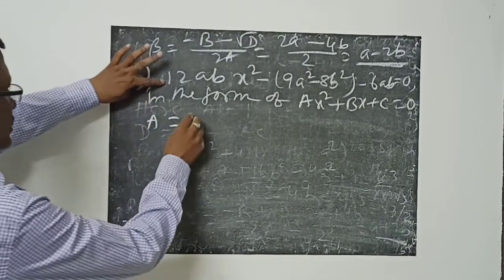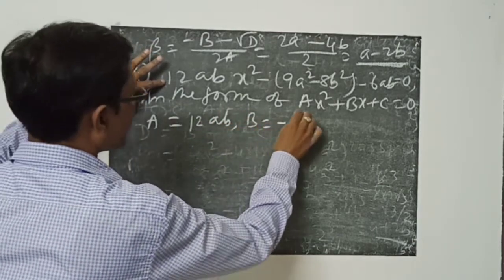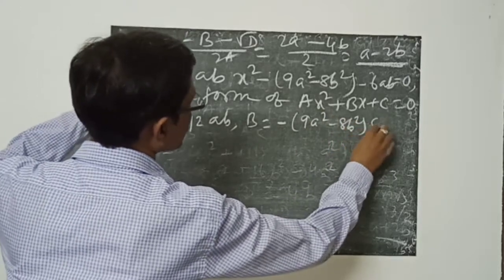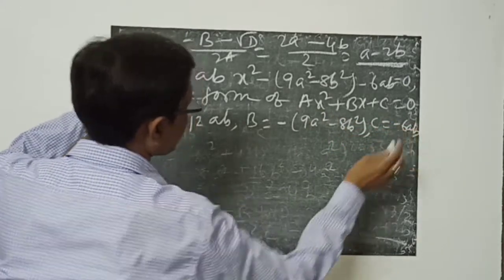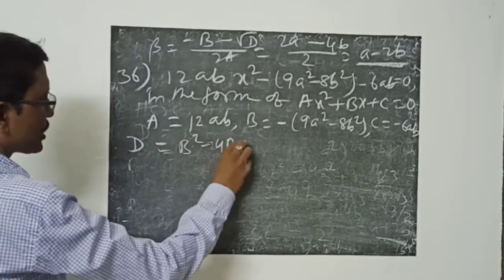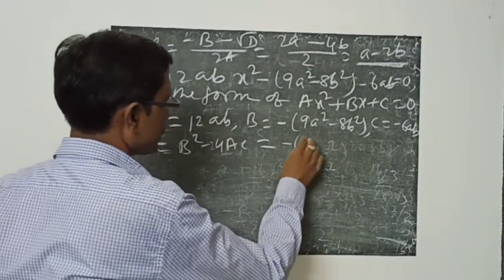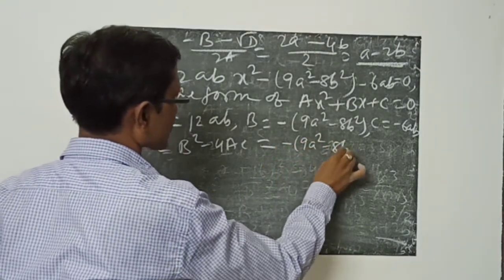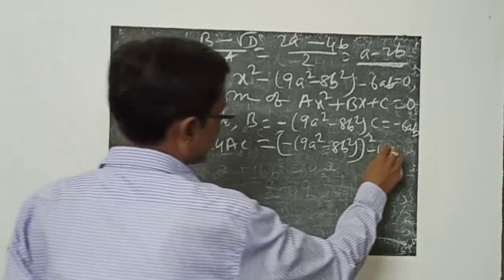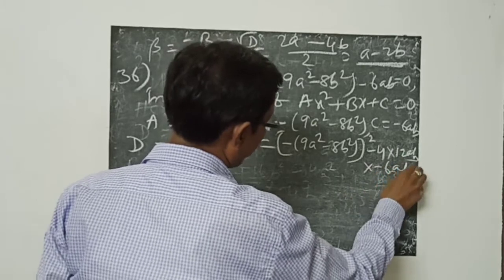If we compare with the standard form, then a equals 12ab, b equals minus 9a square minus 8b square, and c equals minus 6ab. So first of all, d equals b square minus 4ac. So it will be b square, that means minus 9a square minus 8b square, whole square, minus 4 into 12ab into minus 6ab.